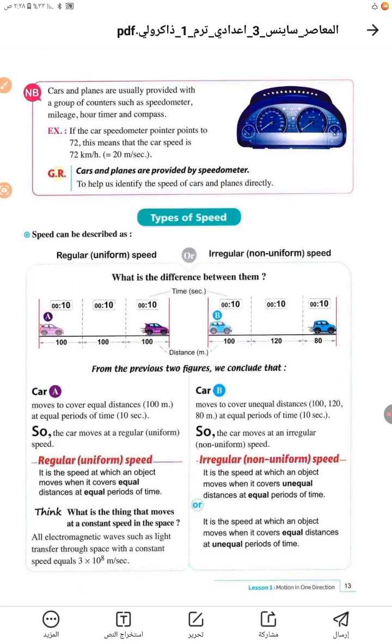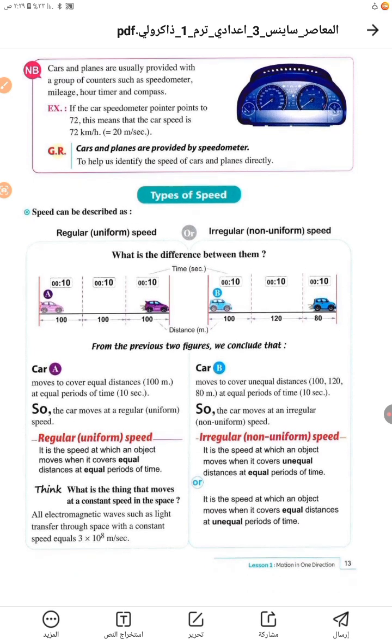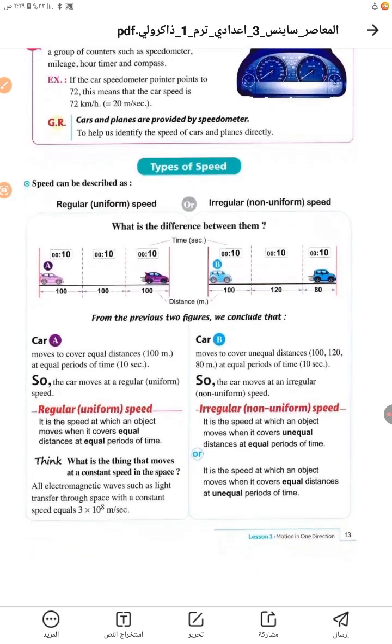If the car speedometer pointer points to 72, this means that the car speed is 72 km per hour, equal to 20 meter per second. Cars and planes are provided with a speedometer to help us identify their speed directly.